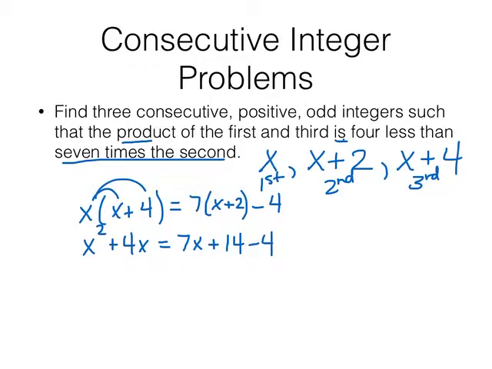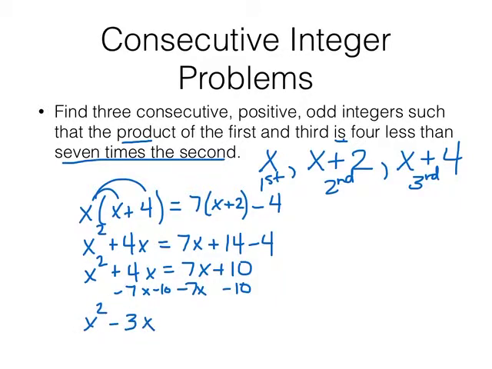So let's multiply through and then simplify. I can subtract 4 there, so I'll have x squared plus 4x equals 7x plus 10. I can subtract both 7x and the 10 so I can get 0 on the right-hand side. x squared minus 3x, 4x minus 7x is minus 3x, minus 10 equals 0. Conveniently, I can factor that, but I can also use the quadratic formula if I want to.